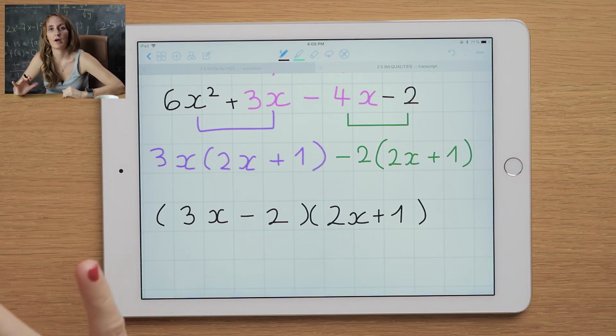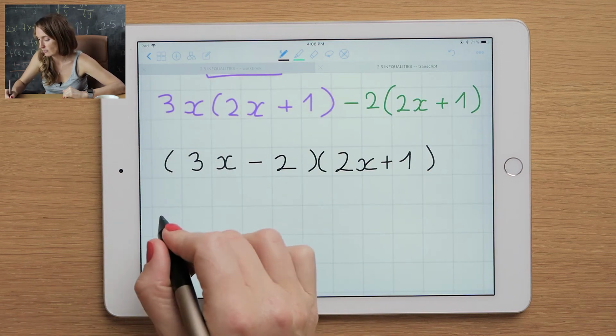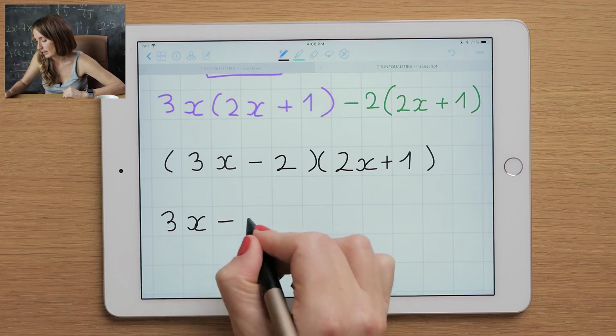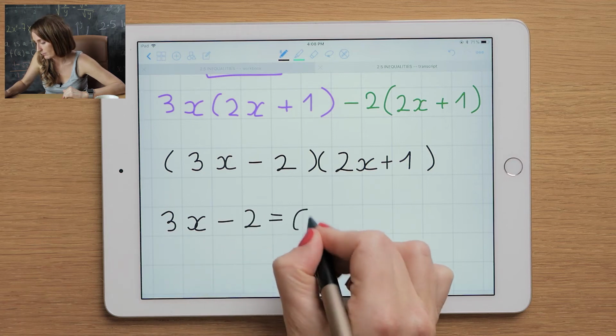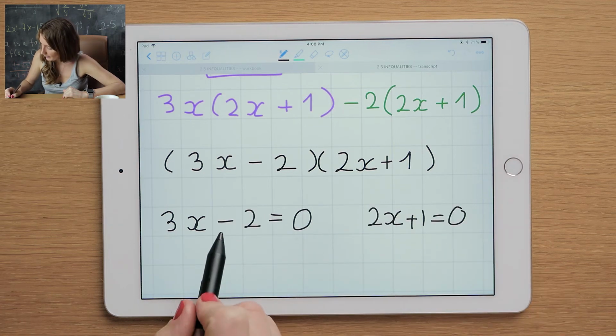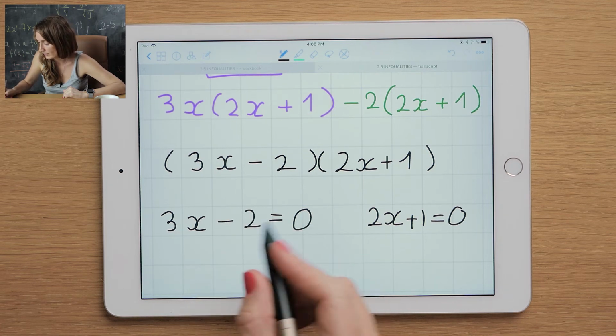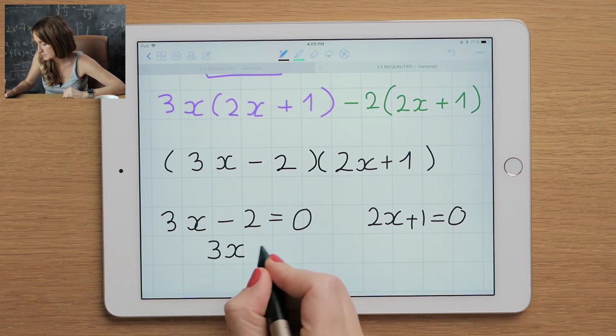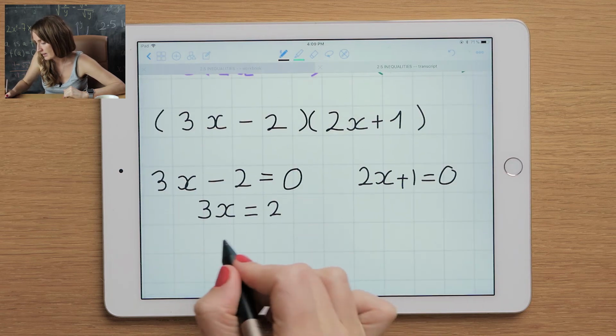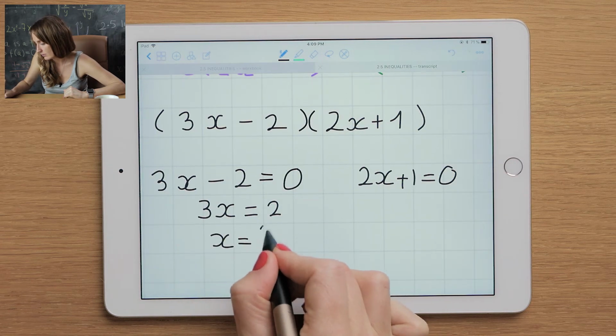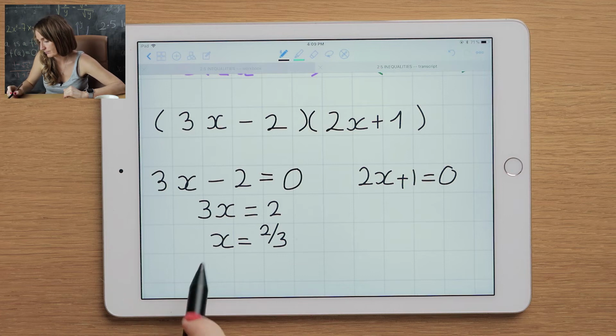Now I've factorized, I want to be able to find the two roots of the equation. So I set each bracket separately equal to 0. Here I need to add 2 to both sides, or move the minus 2 over the equal sign until it's plus 2. And then I need to divide by 3.